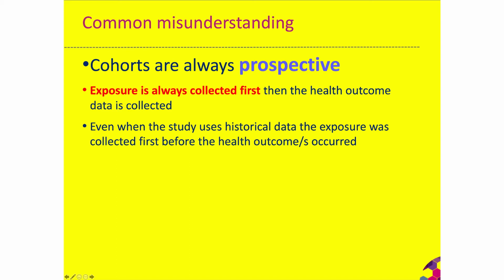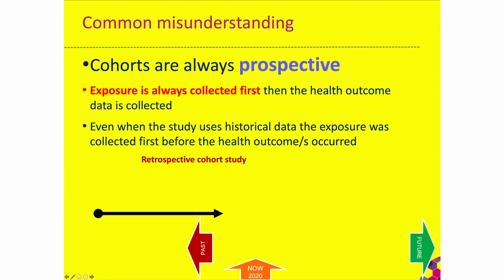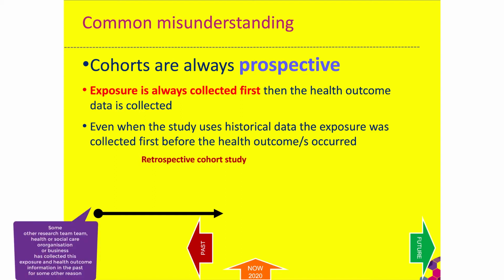And just to explain that in a visual way, if you have a retrospective study, we start where the circle is and the arrow is going forwards in time. So this retrospective study uses data that's already been collected in the past.